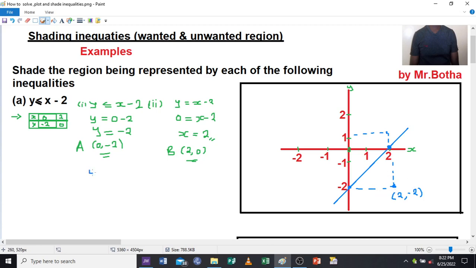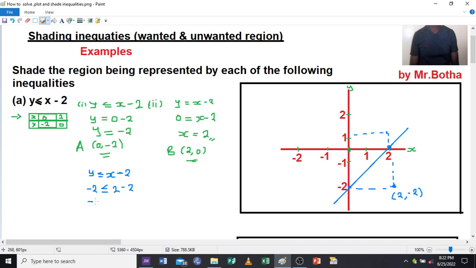So we'll need to substitute in the inequality, and this time you don't need to use the equal sign, you just need to write your inequality, because you are going to substitute both the value of x and y. So y is -2, right, less than or equal to, now x is +2 minus 2, right?